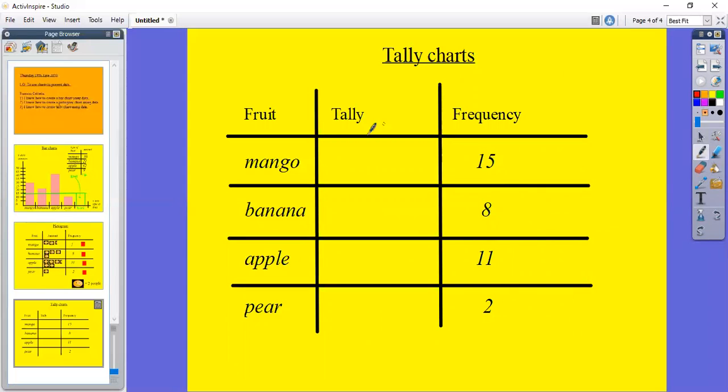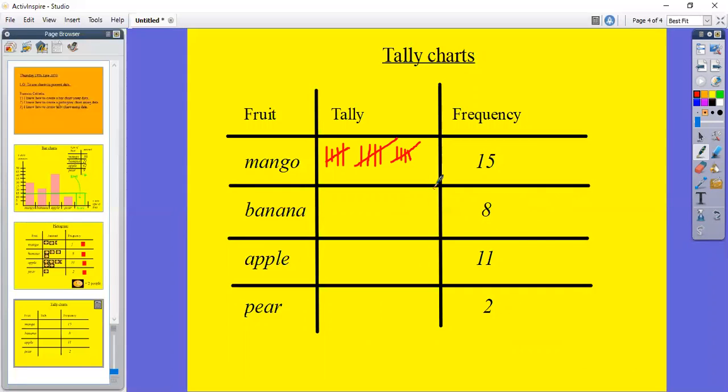So we're going to create our tallies now, making sure they link to our frequency. So I can see this number in this box should be 15. I'm going to create my tallies. Remember what you've learned about tallies already. 1, 2, 3, 4, and for 5 we go across. 6, 7, 8, 9, 10, 11, 12, 13, 14, 15.